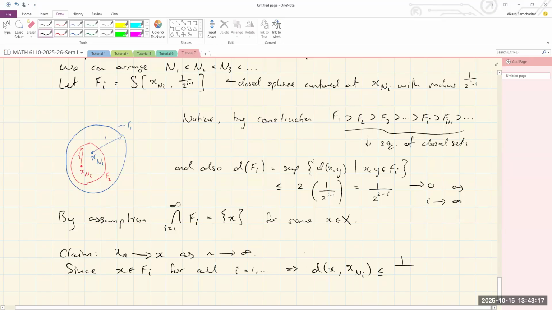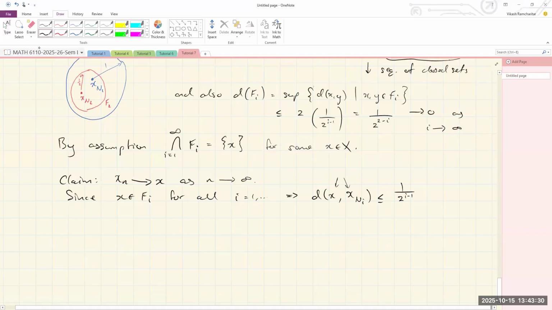It means that the distance between that point and the center is less than or equal to the radius, 1 over 2 to the i minus 1, and this holds for all i.